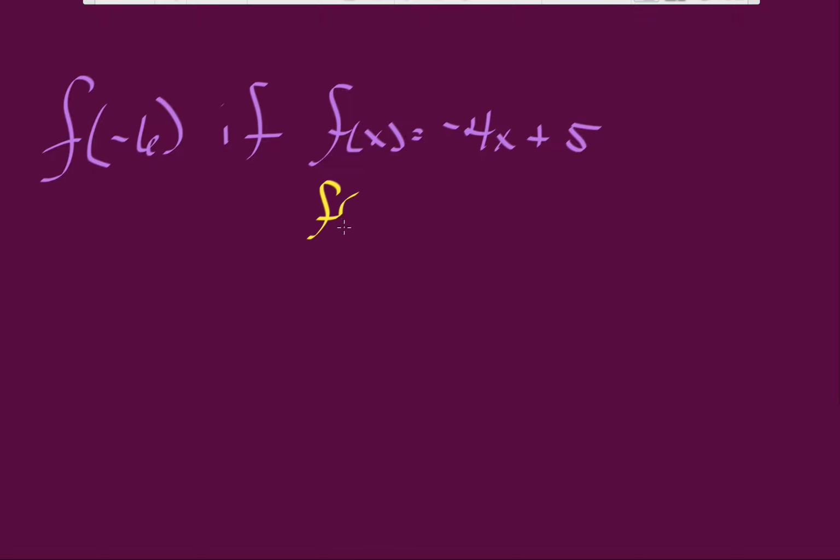F of -6 equals -4x. Well, it would be x, but I'm going to put in a -6 for x, and then add 5 to it. All right, and then I'm going to do the math, and that would be 24 plus 5, which would be 29.